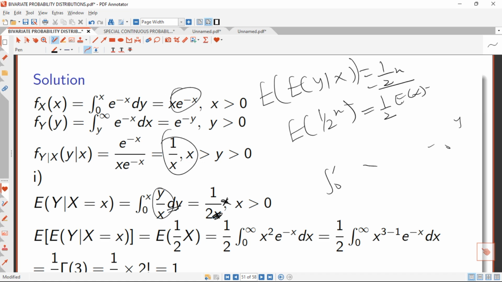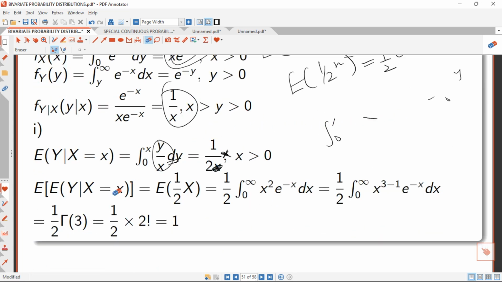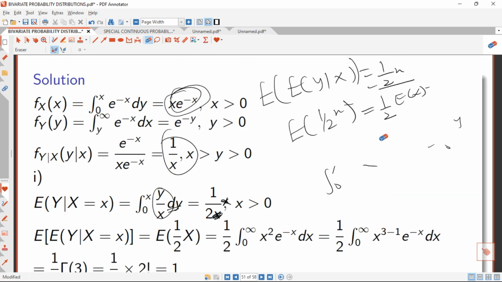So we are going to calculate the expectation of x, and for us to get it, we have to get the marginal of x. Already we had our marginal of x to be x times e raised to the power negative x. Getting the expectation of x is very simple, and that is what I have done here.